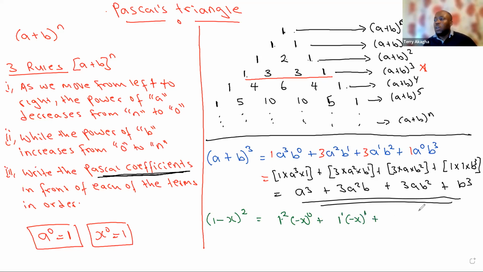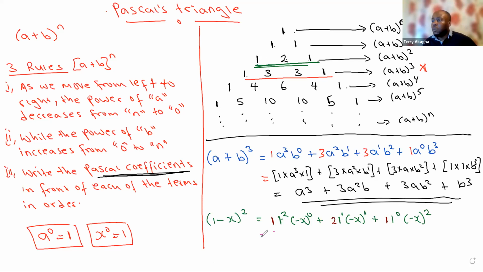Plus, you're going to have 1 raised to the power 0 and minus x raised to the power what? 2. So the same thing for n raised to the power 2, the coefficient is 1, 2, 1. So you're going to put the coefficient there, 1, 2, 1.